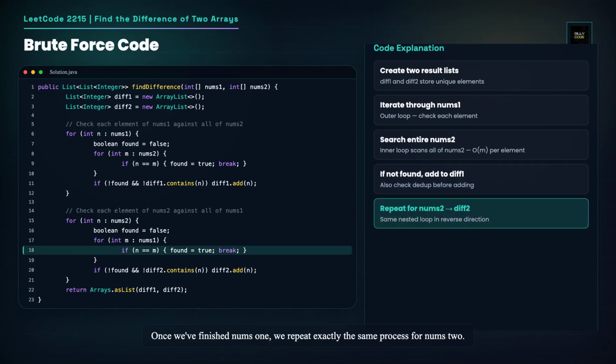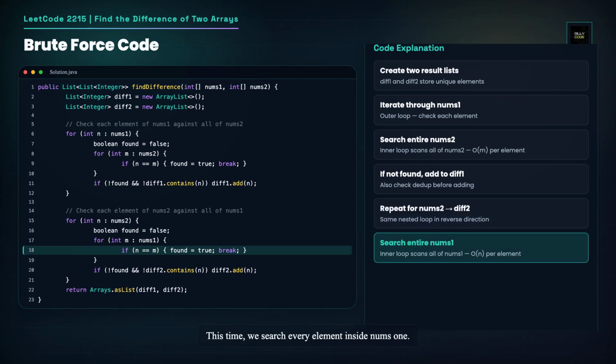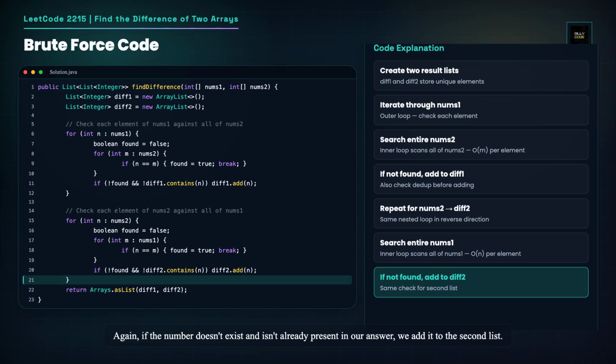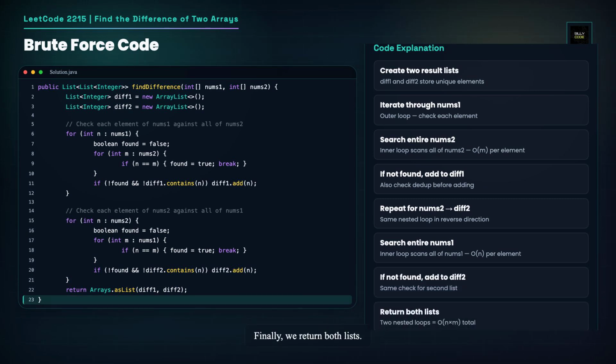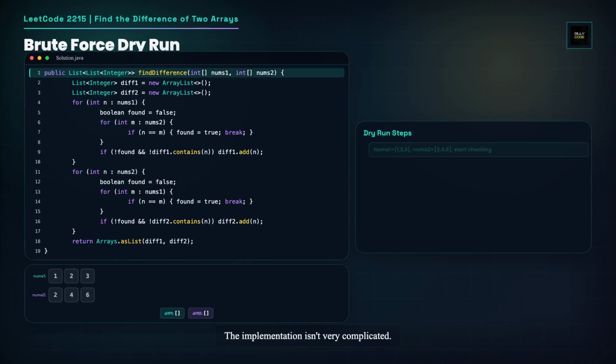Once we've finished nums1, we repeat exactly the same process for nums2. This time, we search every element inside nums1. Again, if the number doesn't exist and isn't already present in our answer, we add it to the second list. Finally, we return both lists. The implementation isn't very complicated, but let's verify it with a dry run.